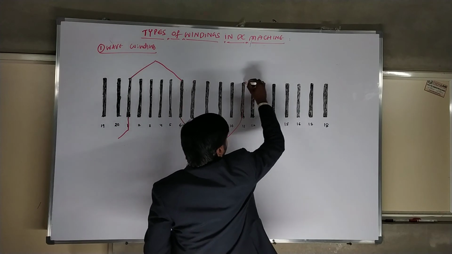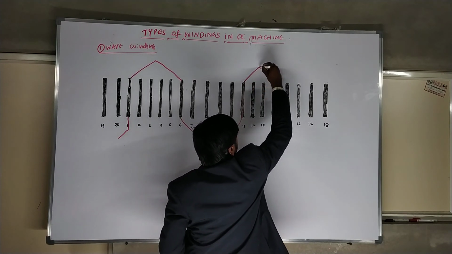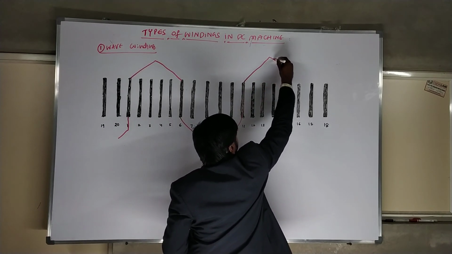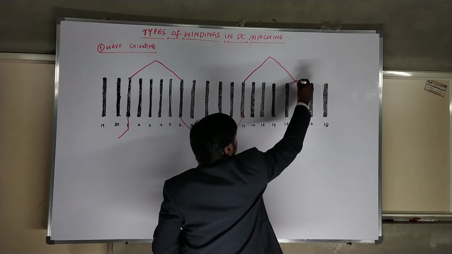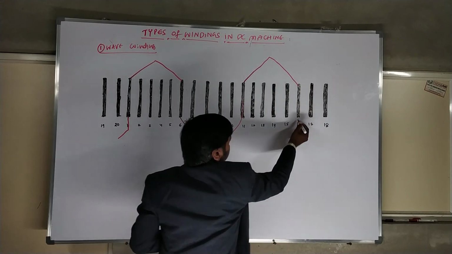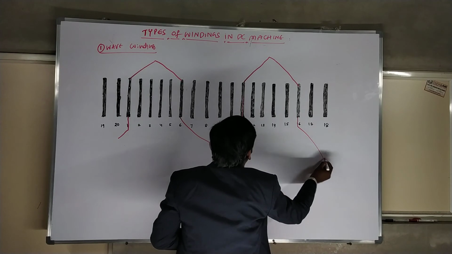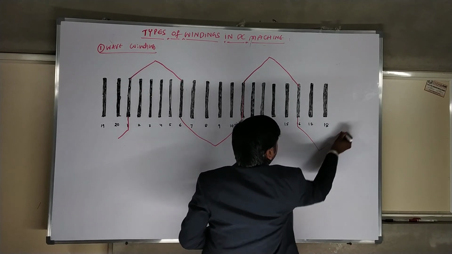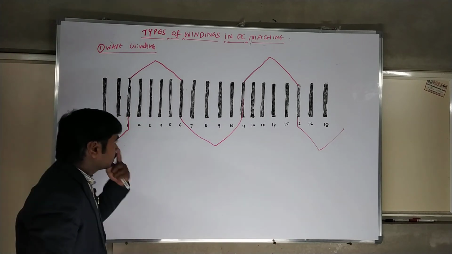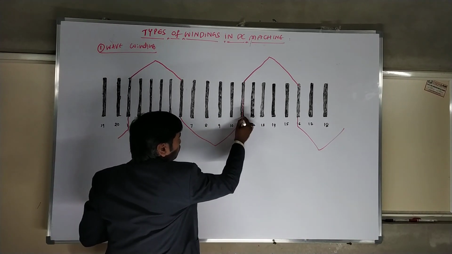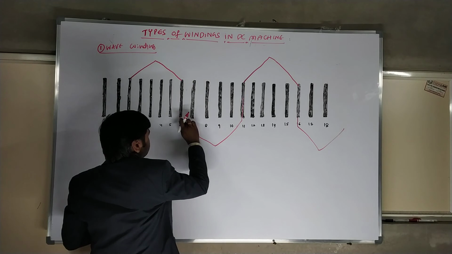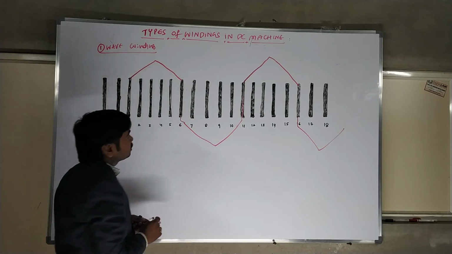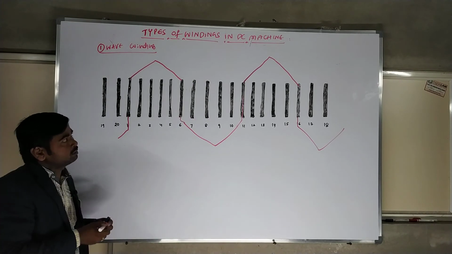Then it comes like this, then goes over to here. To understand very clearly, I should bring it down like this. So this is how the winding should be drawn.